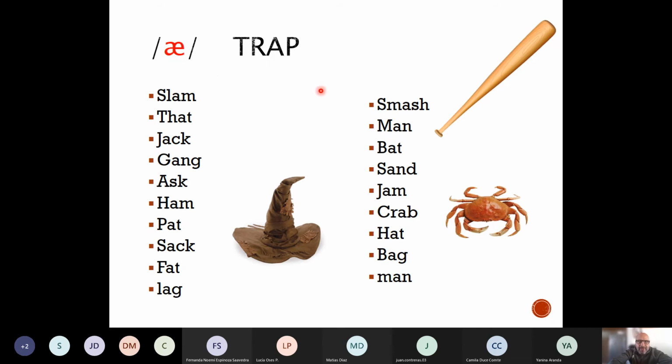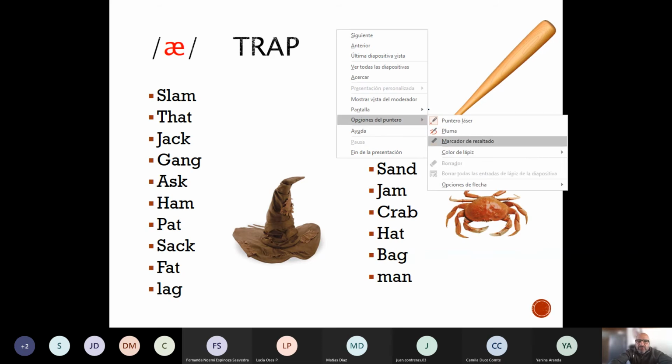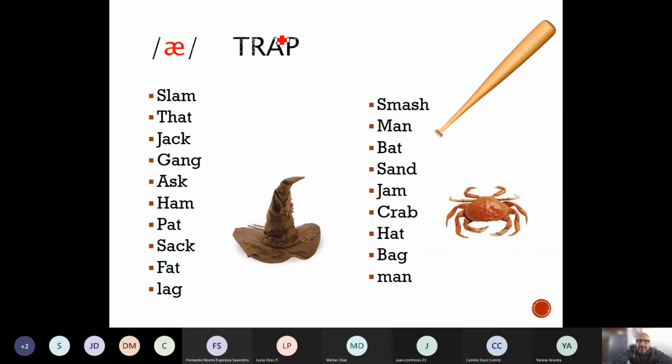The symbol is called the trap. When we say the trap, we're going to refer to this symbol. That's the way it sounds. For example, this is a bat, a baseball bat.